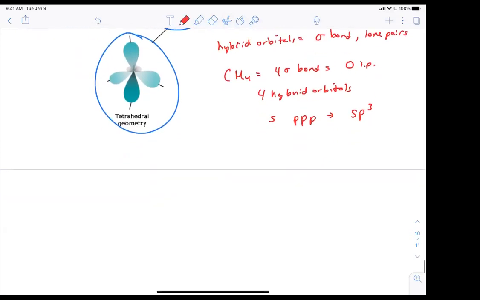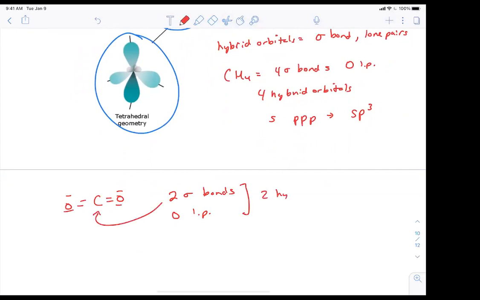For example, CO2, a very common example again, has 2 sigma bonds and 0 lone pairs on the carbon. So you would need 2 hybrid orbitals.